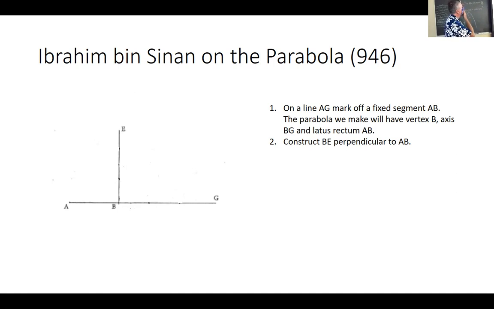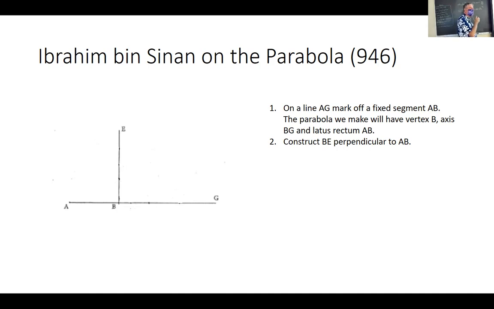So Ibrahim bin Sinan wrote a treatise on how to construct the three conic sections. He wrote this around 946.